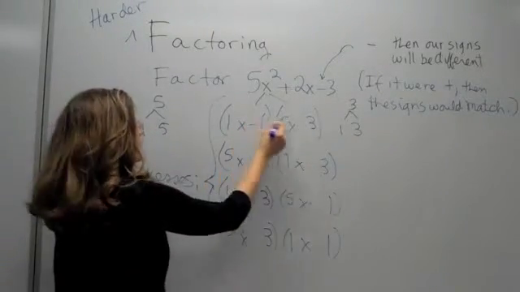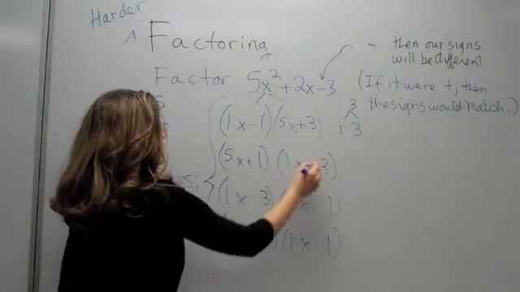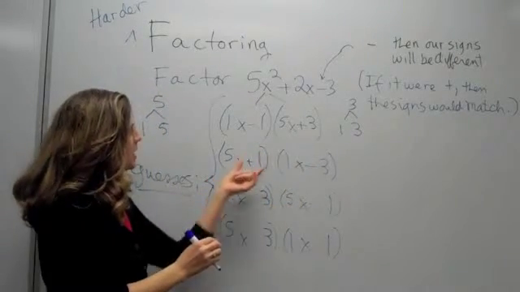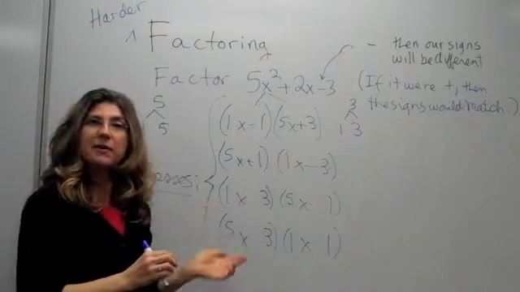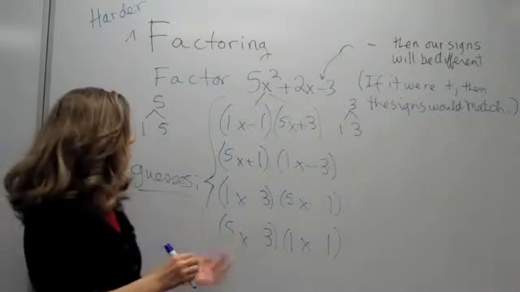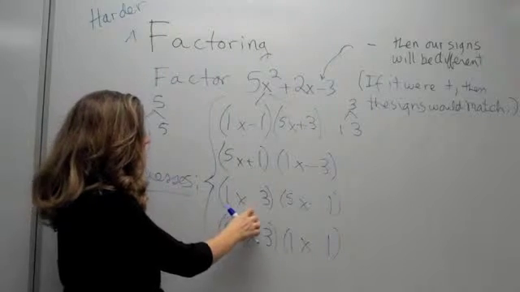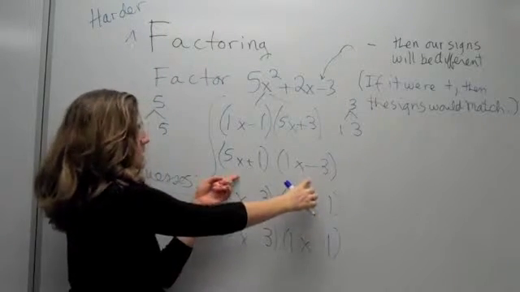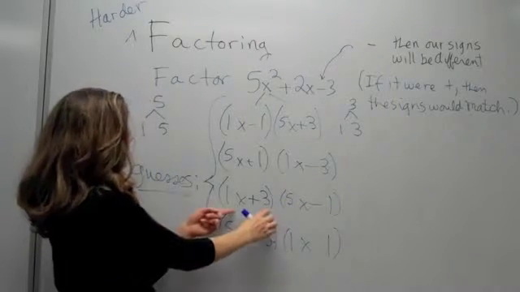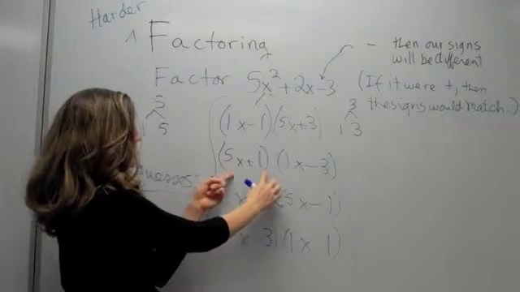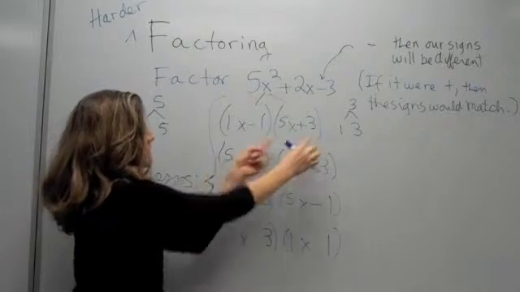So we put in minus and plus and minus. Notice that this is 5x plus 1, and that's different from this. This is x minus 3, and that's different from that. Now we have to be careful to make sure we don't just repeat ourselves. If we put in minus and plus here, we're just going to get the same thing we had here. But look what happens if we just put in plus and minus. Now notice this one is different than this term, and different than this factor, and different than this factor.